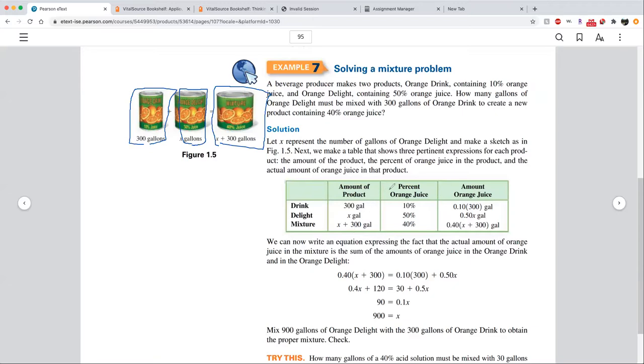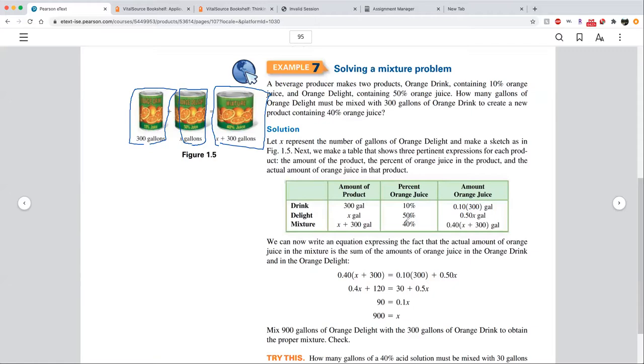Now let's figure out the percent of orange juice. The problem says that orange drink contains 10% orange juice. 10% of 300 gallons must be what? 0.1 times 300 gallons. That's the amount of orange in the orange drink. And for the delight, the problem says that orange delight contains 50% orange juice.